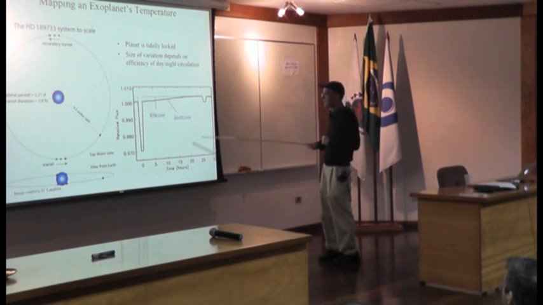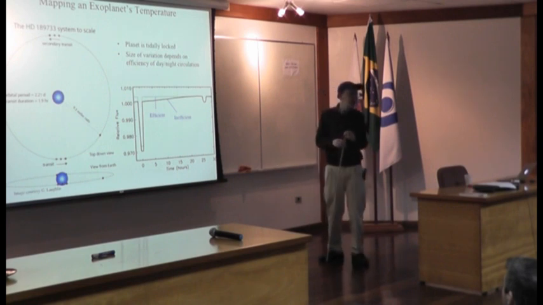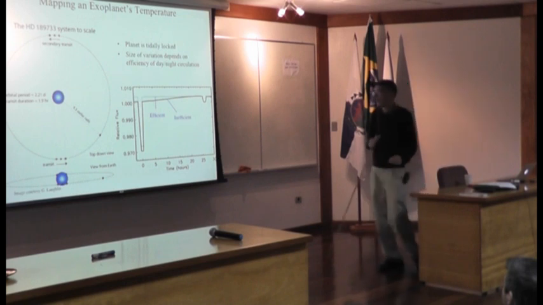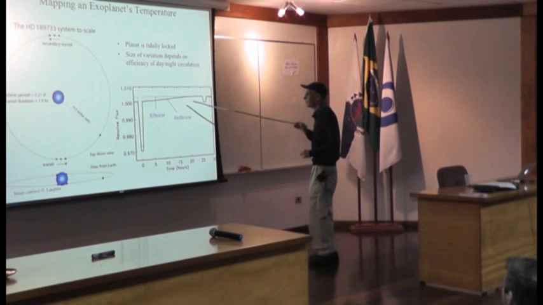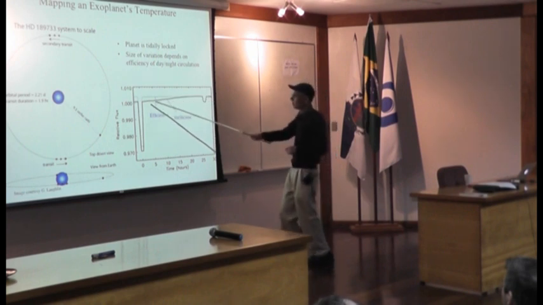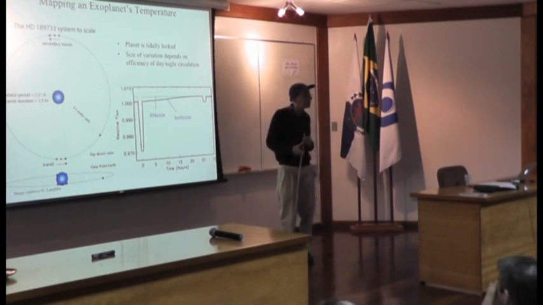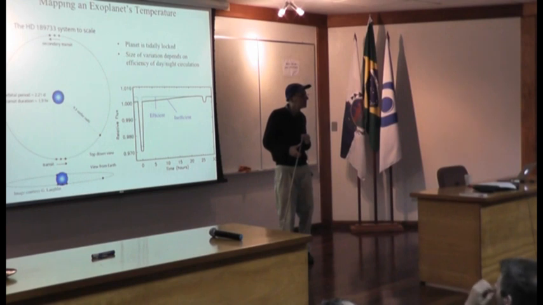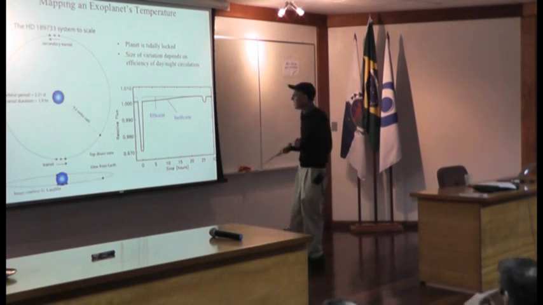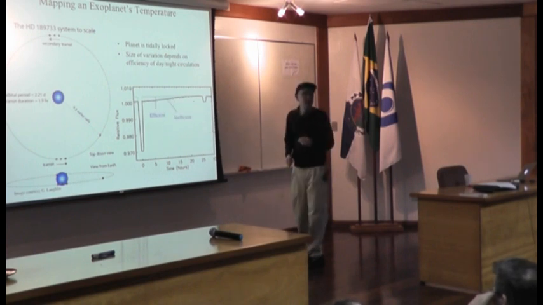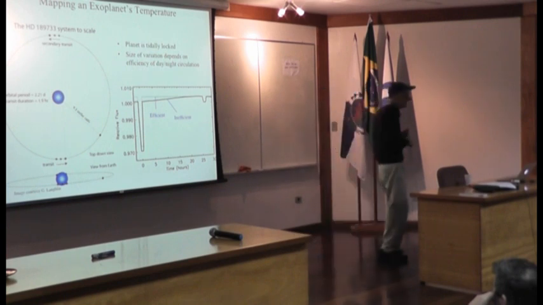This is the occultation, where the planet goes behind the star and the radiation from the planet goes away. The planet's radiation drops here because you're seeing the night hemisphere. And the amount by which it drops here and how it goes up is used to map the brightness of the exoplanet.